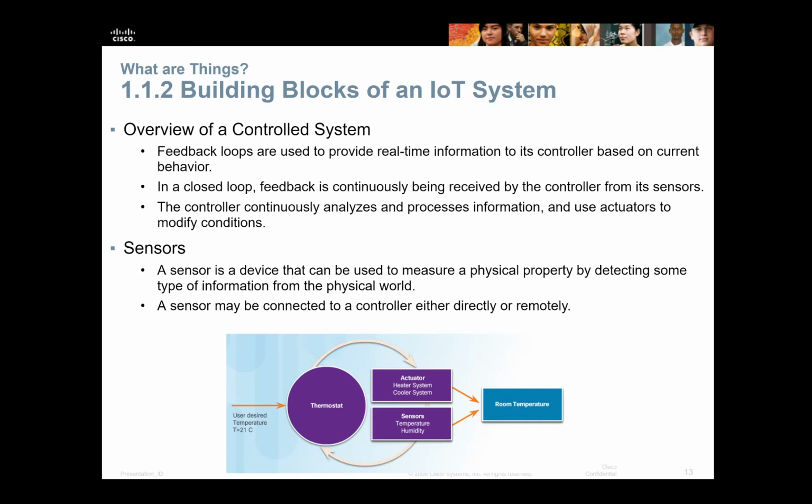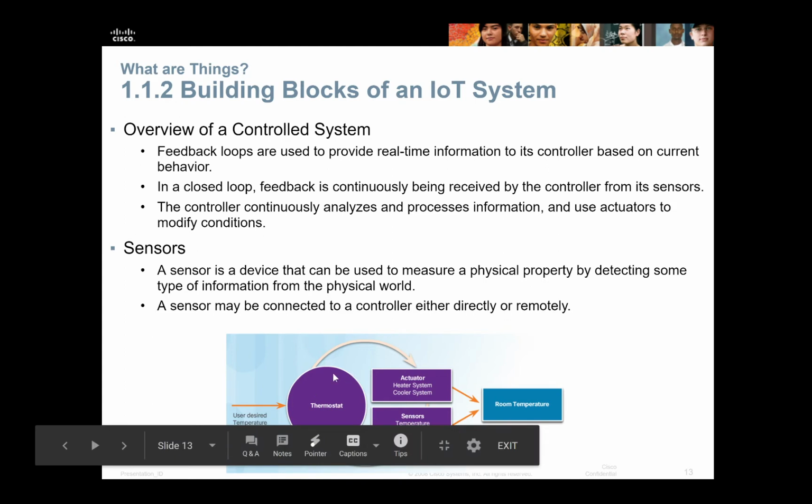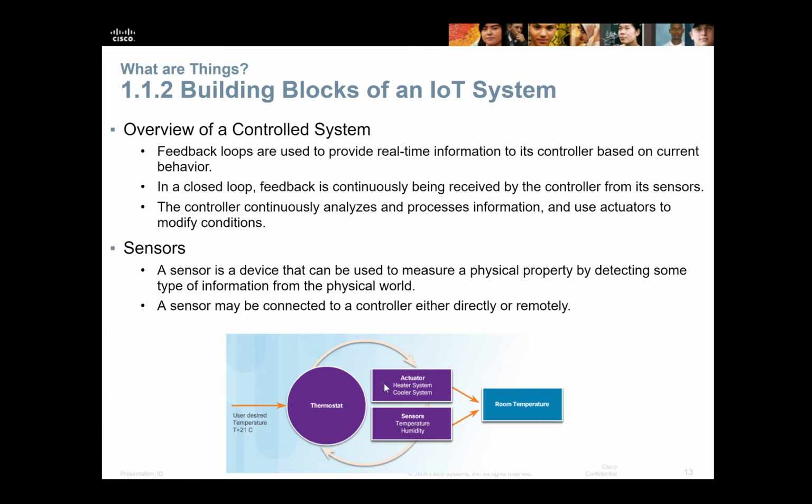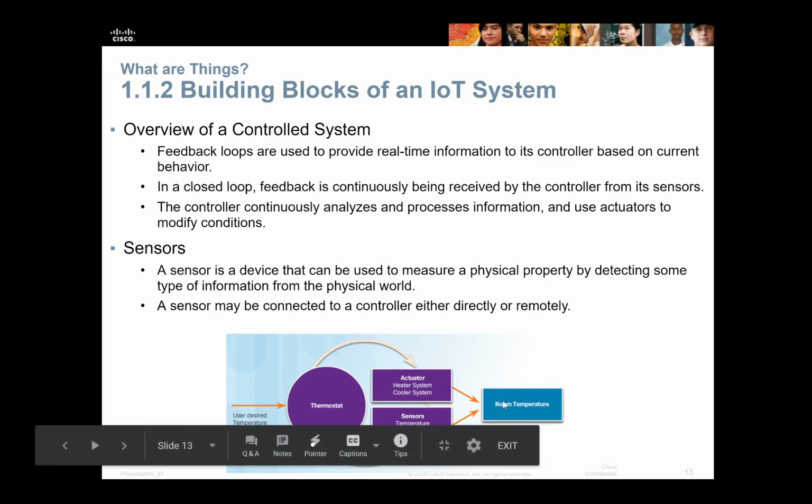The thermostat has a temperature sensor, and humidity may be there too, but it may have several sensors connected so that it gets information from the sensors and then compares whether we are lower or higher. Then it has an actuator for the heating or cooling system. An actuator in the simplest form is just a switch that turns a heater on or off. And then, magically, the temperature of the room will settle somewhere.